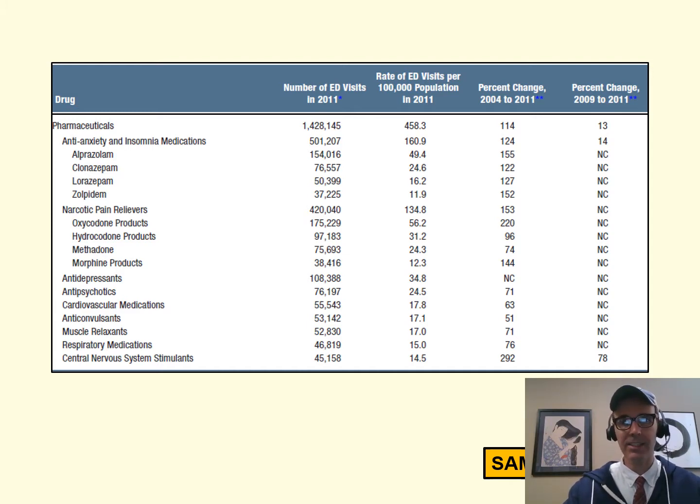If you squint your eyes, you can see that relatively large numbers of hospital visits are associated with pharmaceuticals, including anti-anxiety drugs or narcotic pain reliever drugs, but also some other drugs as well. Not everyone who uses these drugs ends up injured or dead, but many people do in any given year. And comparing this information allows us to judge whether some drugs are relatively more dangerous, relatively more prone to toxicity than other drugs.